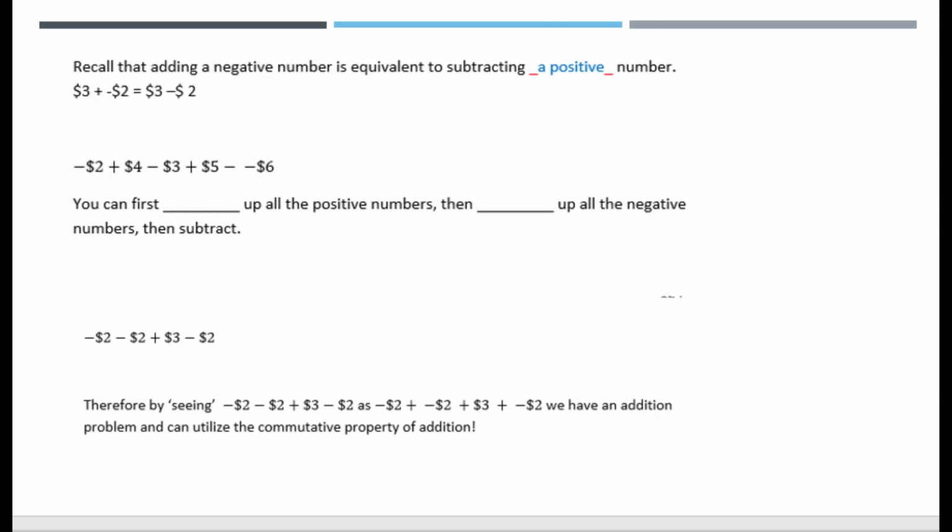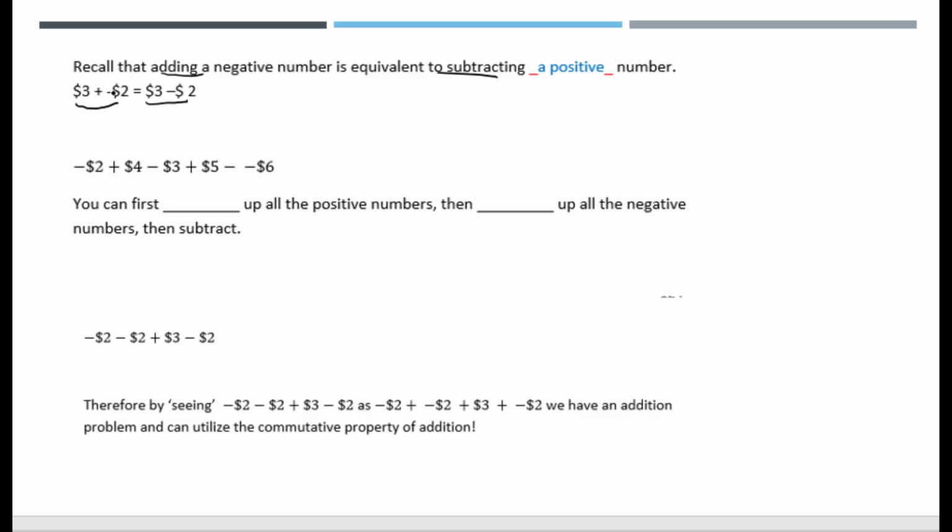From the reading, adding a negative number is equivalent to subtracting a positive number. In other words, 3 plus a negative 2 is the same thing as 3 minus 2. And we think about it this way, although most of the time we write it this way, but it's the same thing.